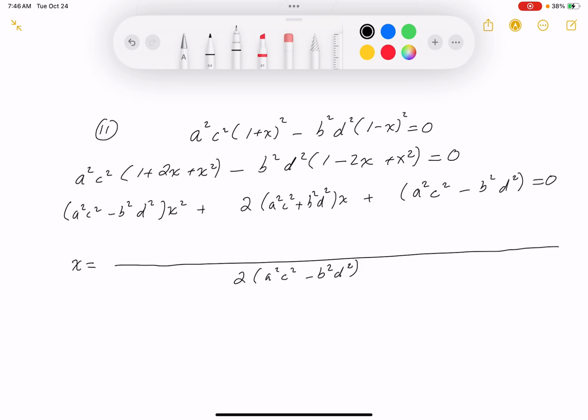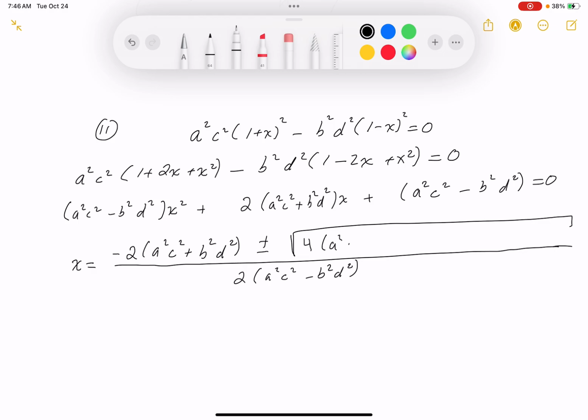Let's go to the top. It's going to be the opposite of the coefficient on the linear term. So 2, a squared, c squared, plus b squared, d squared, plus or minus. Here comes my trouble. Always is. I have to square that. It's going to be 4.